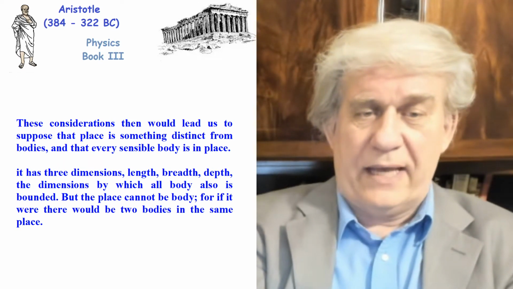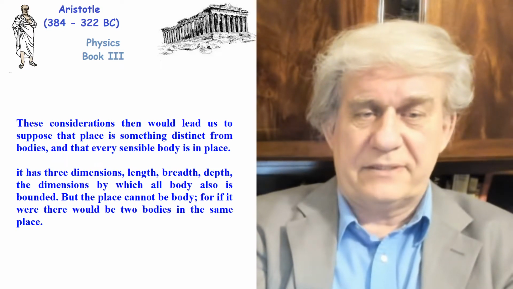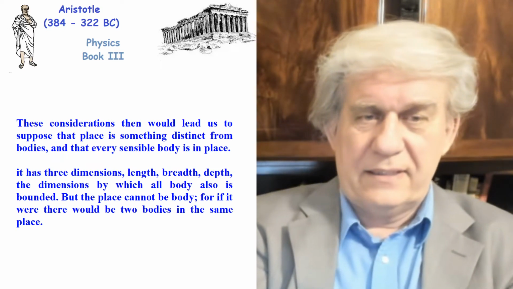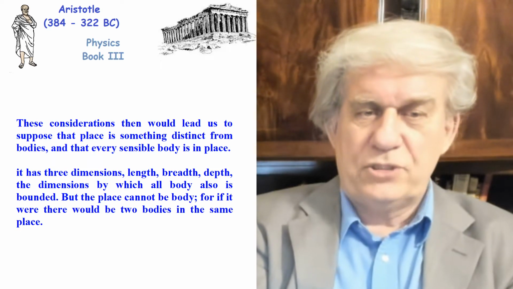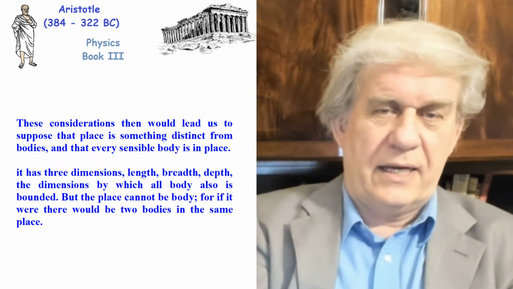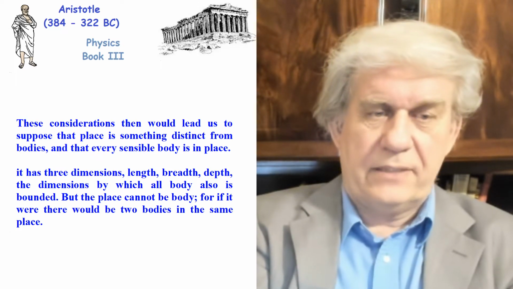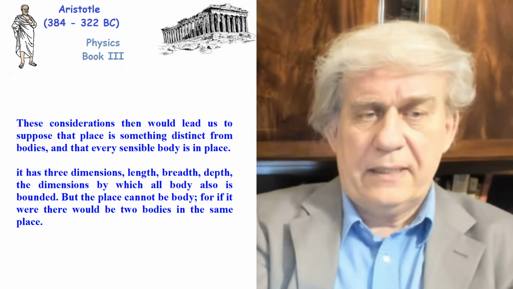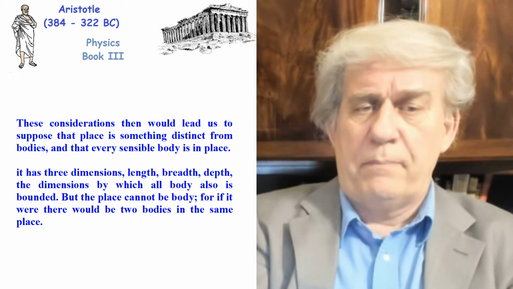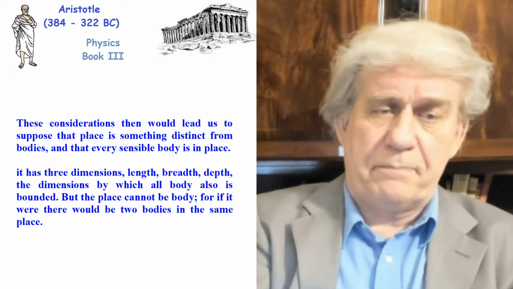Length, breadth, and depth. Again, breadth and depth are vectors. They have nothing to do with length, and length has nothing to do with these vectors. Length is a dimension. It should be paired against width and height. Okay, those are the 3 dimensions. Breadth and depth and elevation, they're vectors. Okay, the dimensions by which all body also is bounded.